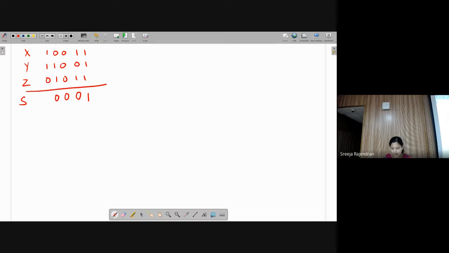So 1 is a carry, 0 is the sum. 1 plus 1, again 0 is the sum. No carry. I'm not adding the carry to the next succeeding bit position. Now, same way, I'm going to find the carry also.